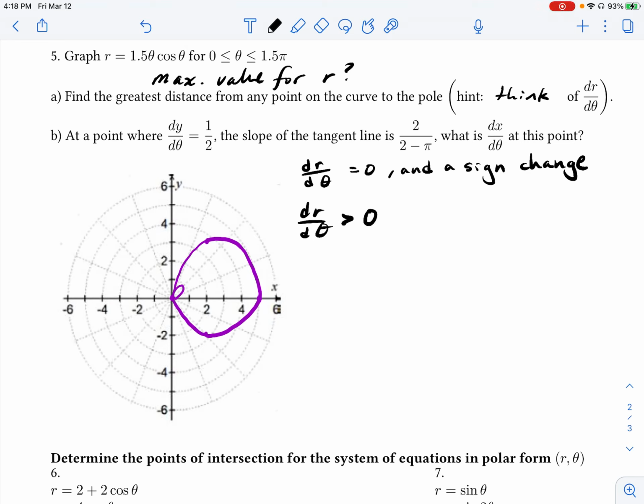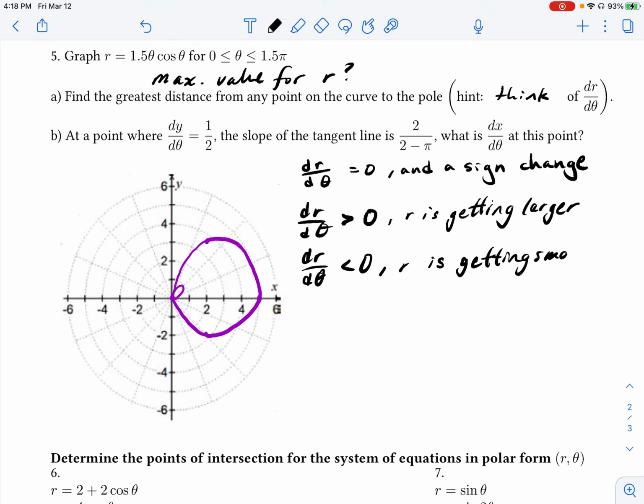If dr d theta is positive, what we're saying is that our r value is getting larger. In other words, we are moving away from the pole. Because when our r value is equal to 0, then our point would be at the pole. As r starts to increase with some change in theta, we're increasing our distance away from the pole. When dr d theta is less than 0, then our r is getting closer to the pole, right? It's getting smaller. It's moving towards the pole.